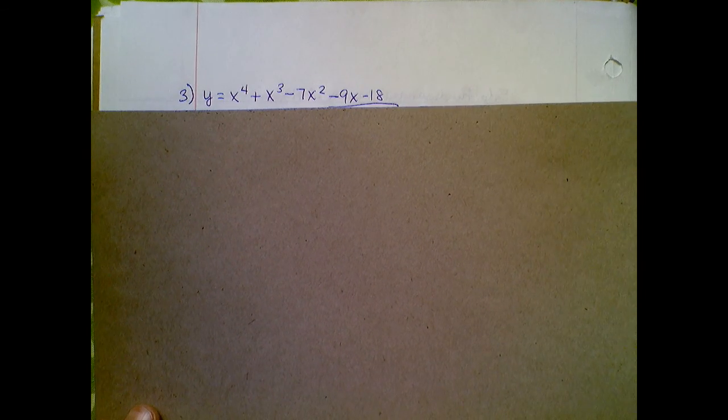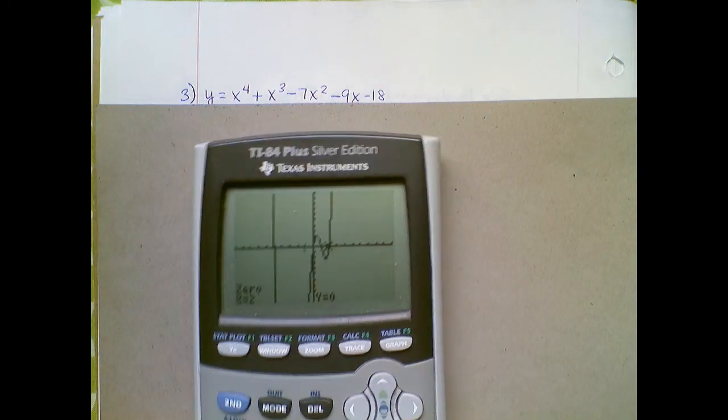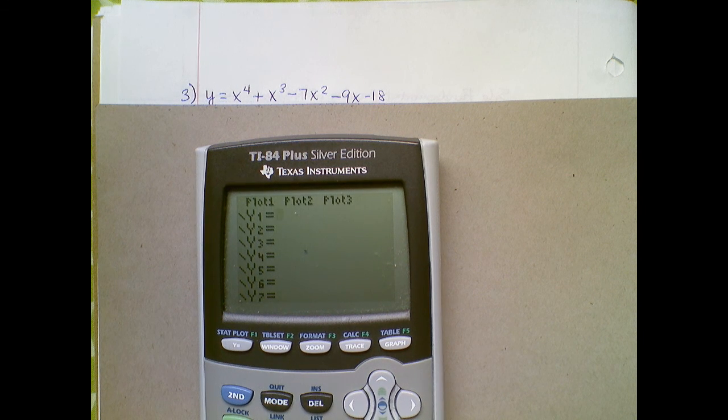So we have y equals x to the 4th plus 3x to the 3rd power minus 7x squared minus 9x minus 18. Please go ahead and graph this to start with.